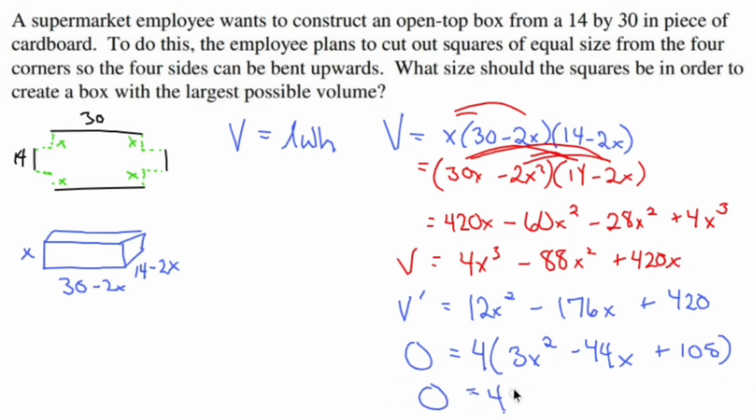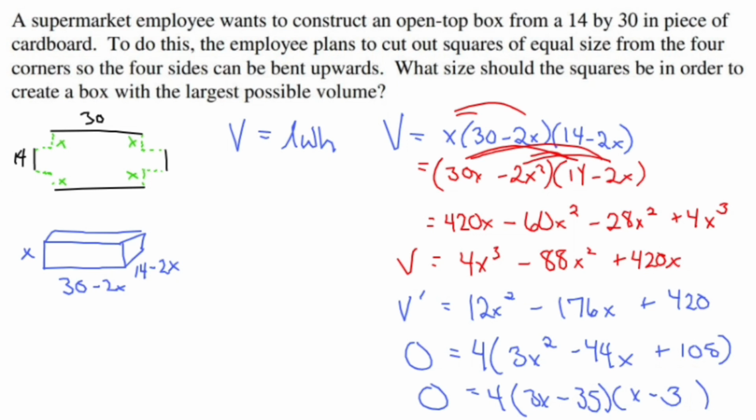All right, I could use the quadratic formula if I wanted to, but give me one second. Oh, you know what? That's 35 and 3. So 3x minus 35 and x minus 3. All right. I'm going somewhere.